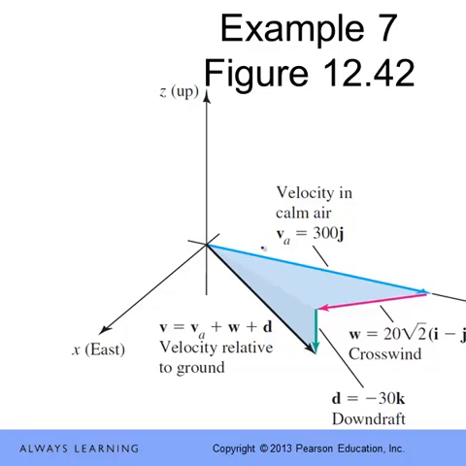Now we can indicate north by the positive y direction here. So we have this direction of true north. You see the blue vector here, there's the velocity vector for the plane.